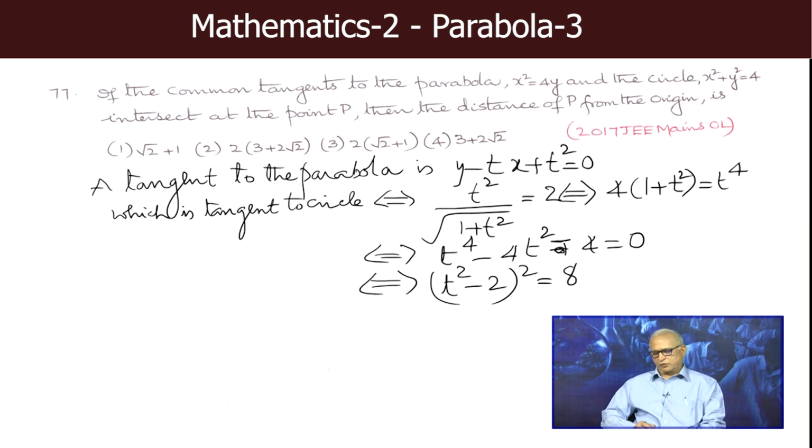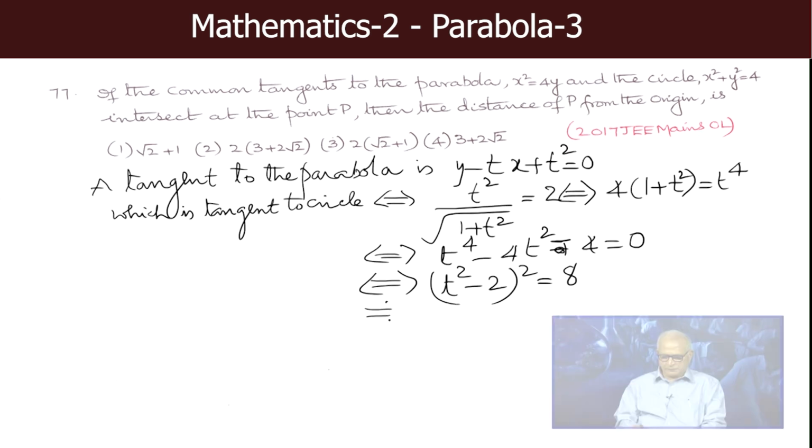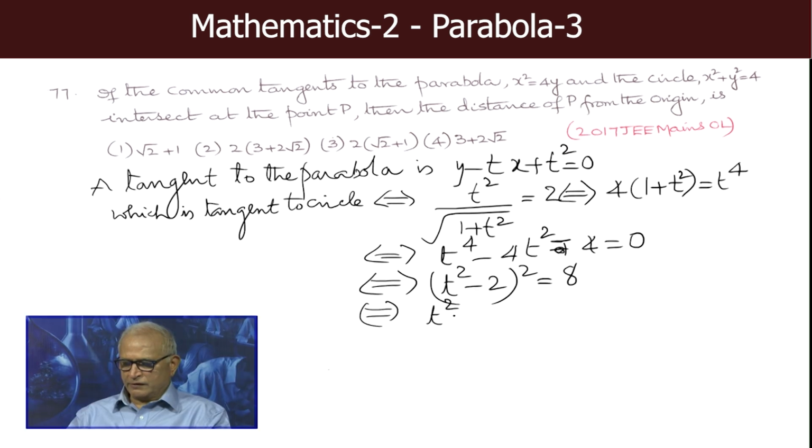Completion of squares, add the 4 both sides. After transferring this to other side, t power 4 minus 4t square becomes t square minus 2 whole square by adding 4. 4 plus 4 is 8, so t square minus 2 whole square is 8.